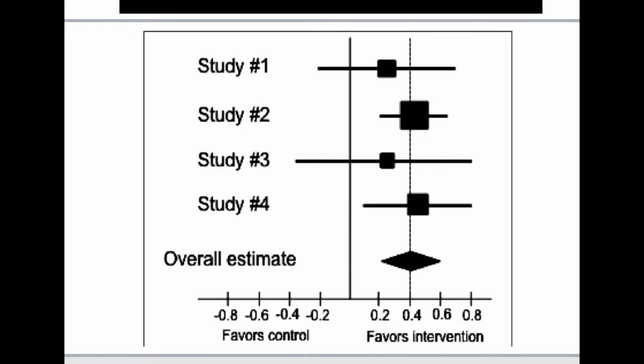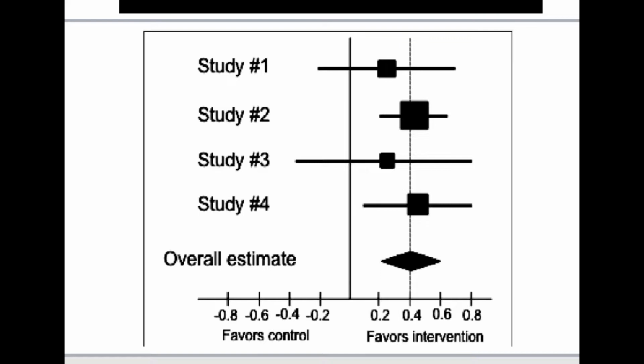If you see on the screen, we have a graph with one horizontal line, which is divided in the middle by one vertical line. Okay, so the horizontal line is having two sides. The right side is favors intervention, and the left side is favors control.